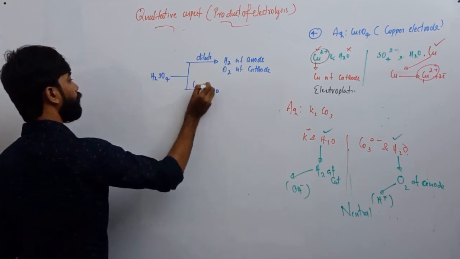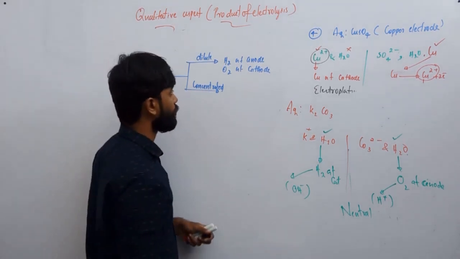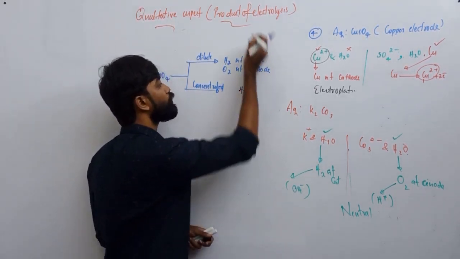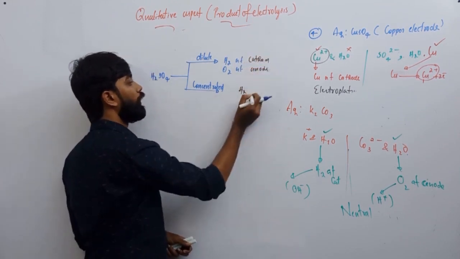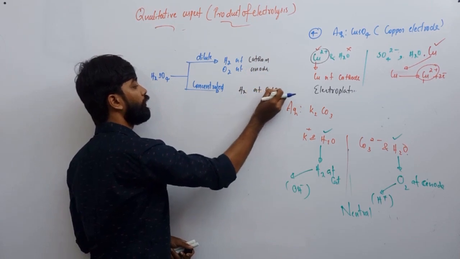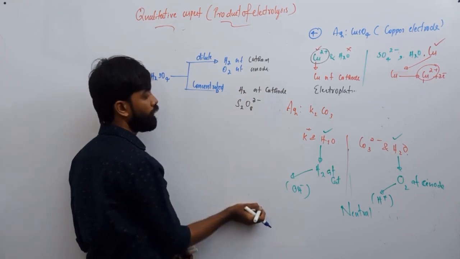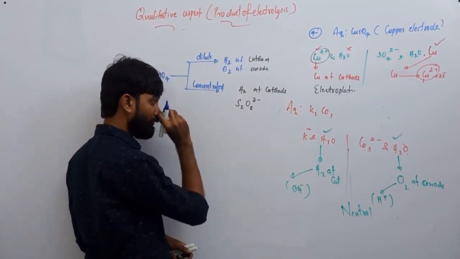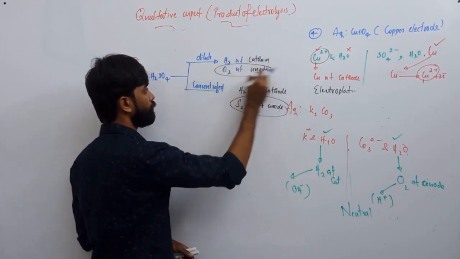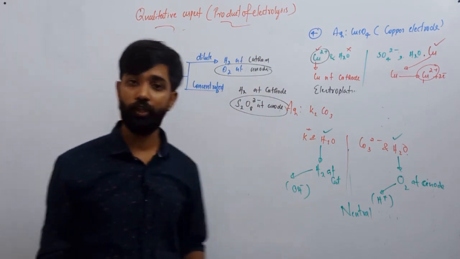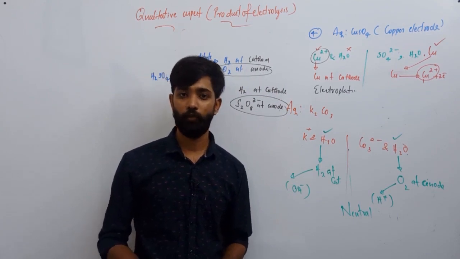If it is in a concentrated form, and this is discussed in chapter number 9, for the preparation of hydrogen peroxide, hydrogen will be at cathode, but at anode it will be a salt of Marshall's acid. Persulfate ion, S2O8 2 minus, will be at anode. See the difference. Sulfuric acid concentrated and diluted. It may be asked. Okay. So that's all about the prediction of product of electrolysis.